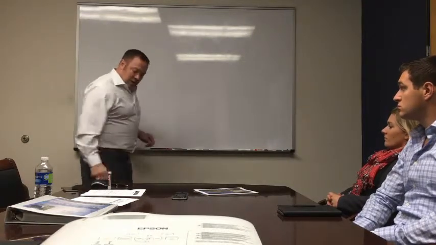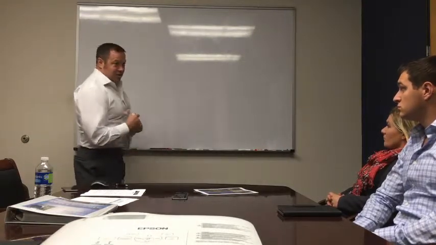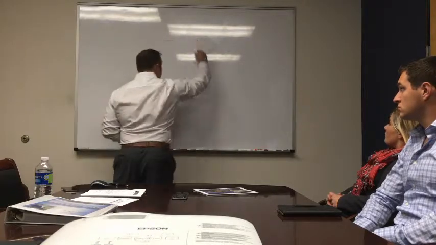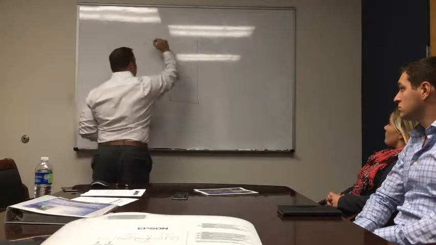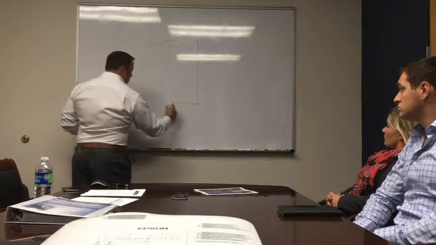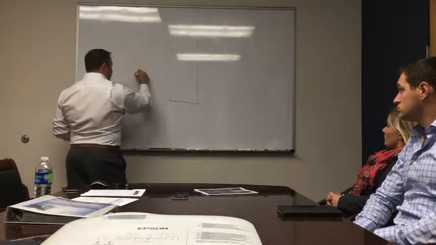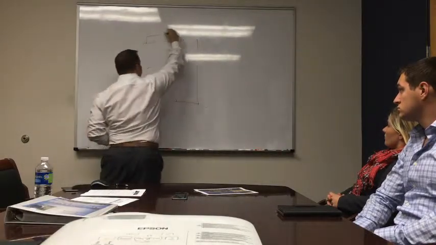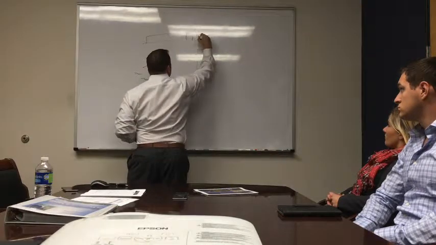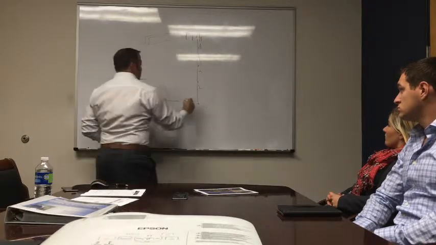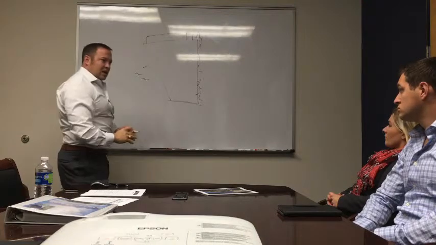Let's talk about San Diego as a market. This is not to scale, so please bear with me, but this is San Diego. Down here, we have the border with Mexico. Out here, we have the water. Up here, we have Camp Pendleton. We have the mountains over here to the east. There's nowhere for San Diego to grow.